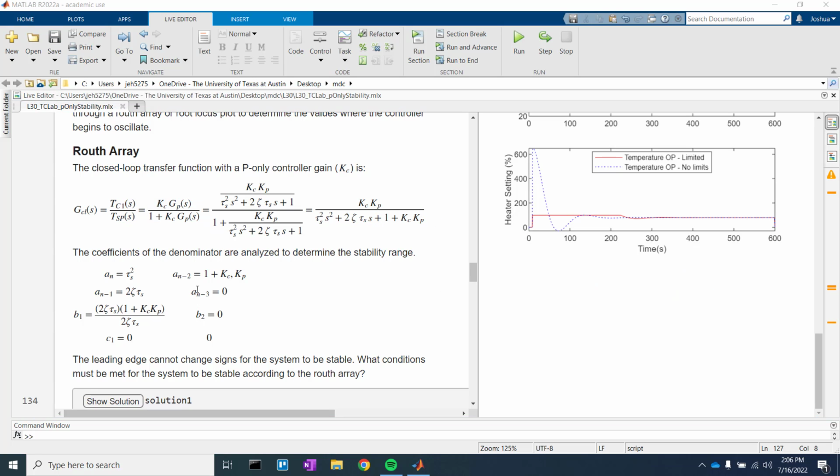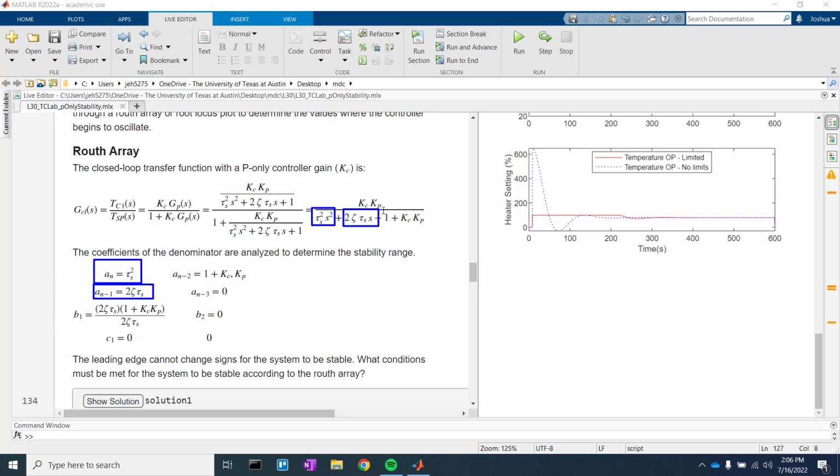With the Routh array, this first portion is going to go right here, because that's s squared, so n is equal to 2, and a sub n is the coefficient associated with it. Then the next one, a sub n minus 1, will be 2 times zeta times tau s, right here. Then the a sub n minus 2 and n minus 3 go on the right-hand side. If you just remember the first 4, I'll teach you how to remember the b's and c's and so on.